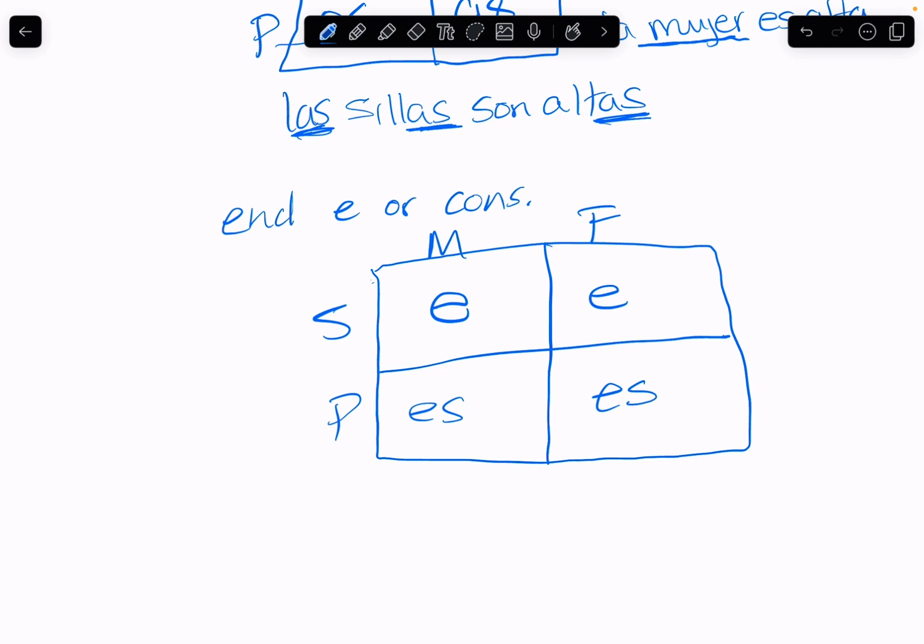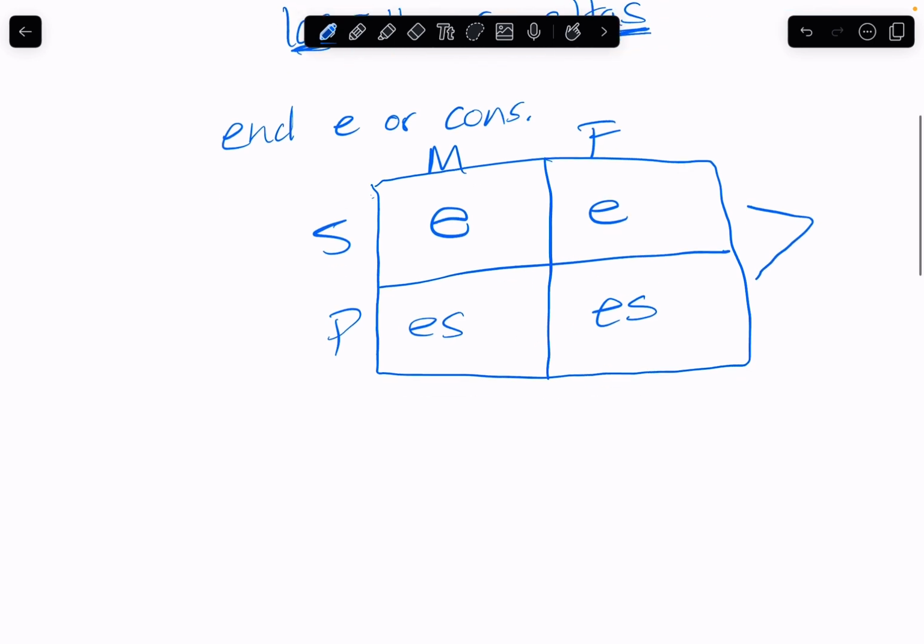So it only has 2 forms, singular and plural. Does that make sense? So if you have the word amable, it's either amable or amables, depending on what you're talking about.